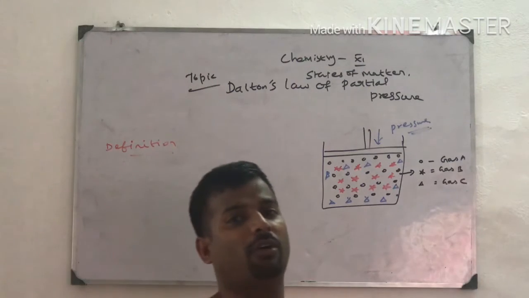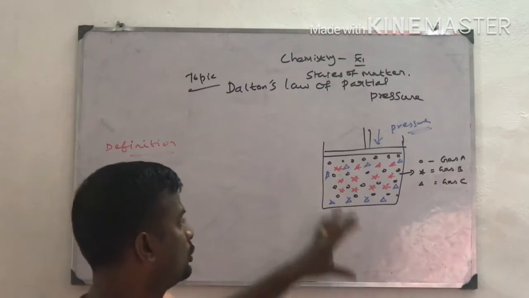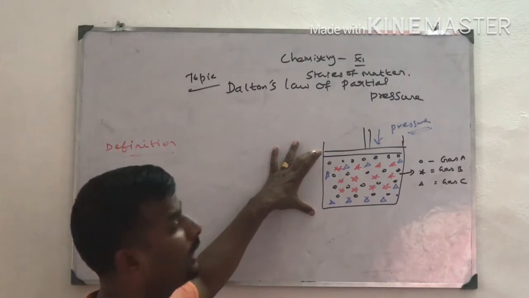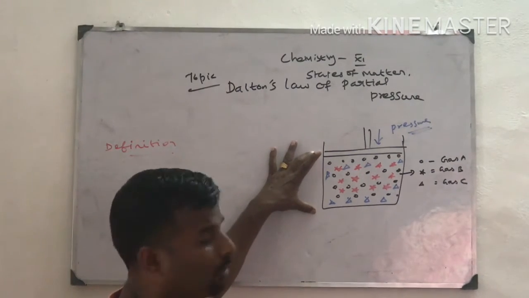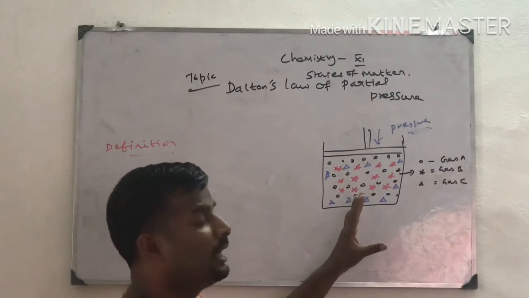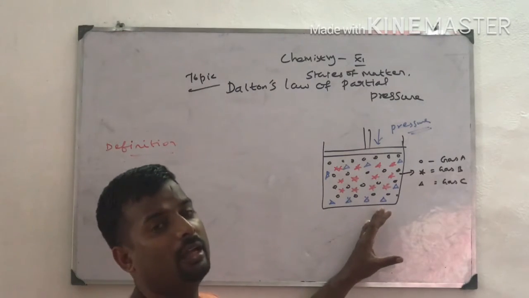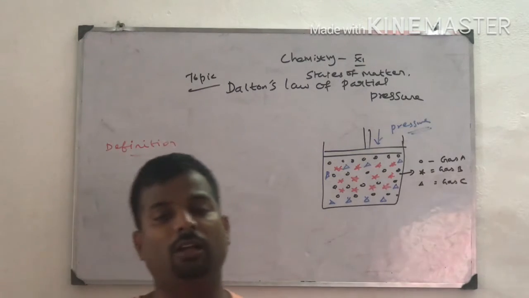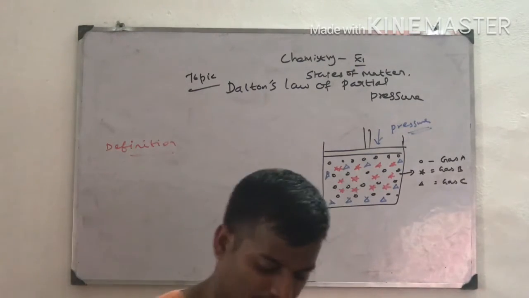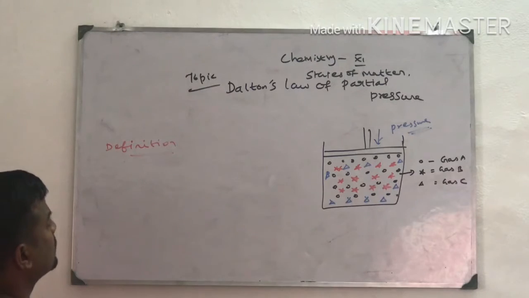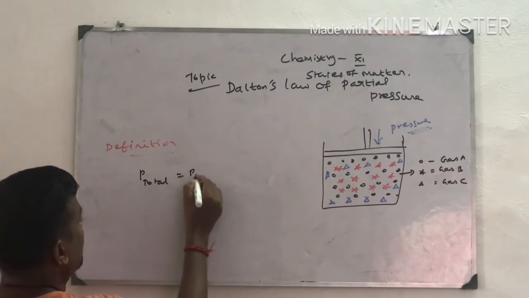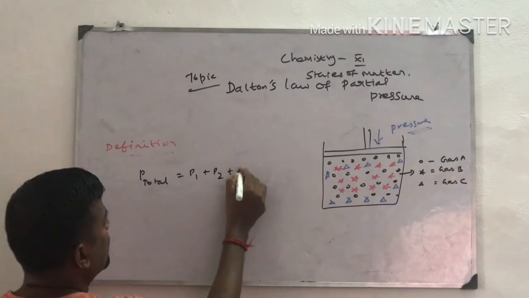This is the definition of Dalton's law of partial pressure. P total is equal to P1 plus P2 plus P3.